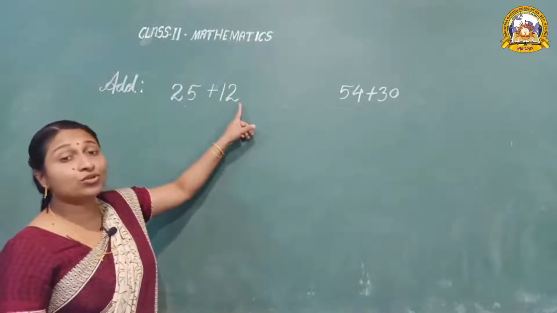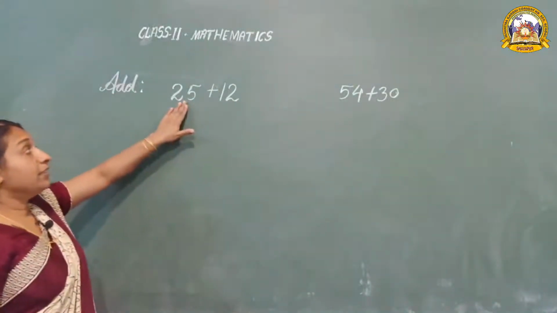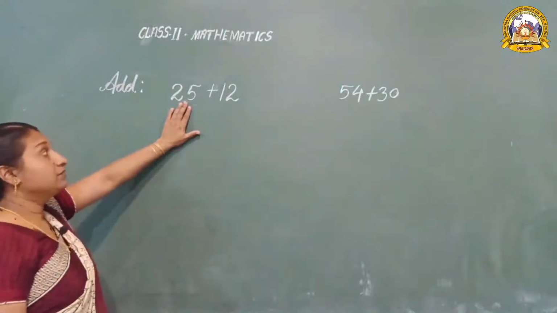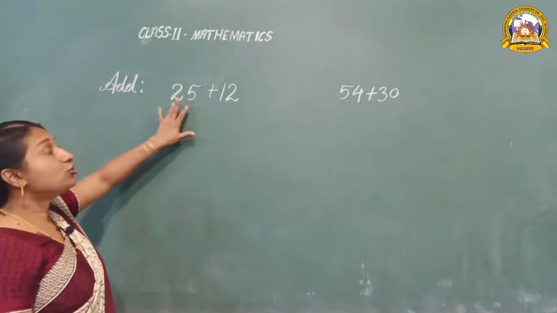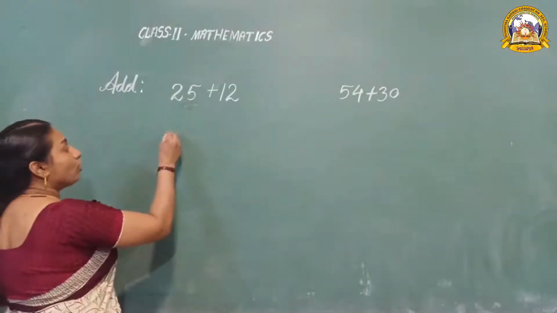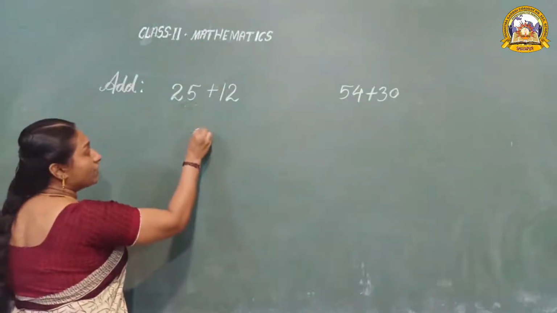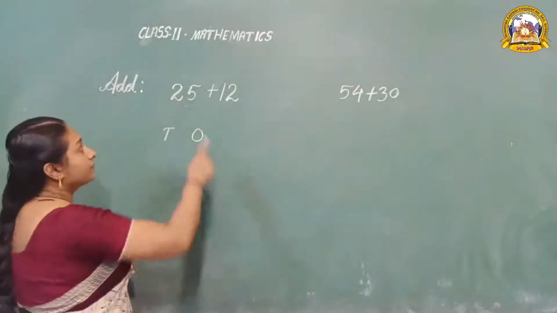10 plus 2 is 12. In the number 25 there are 5 ones and 2 tens. So let us make 2 columns. First the ones column, then the tens column.